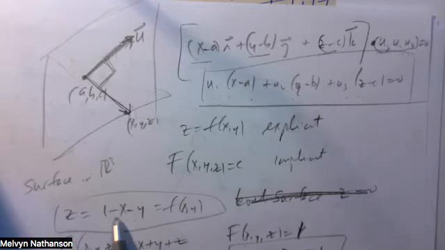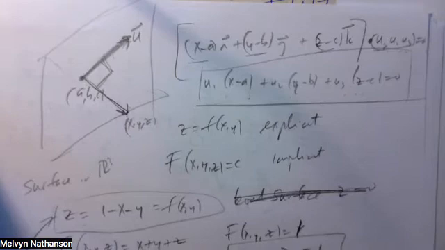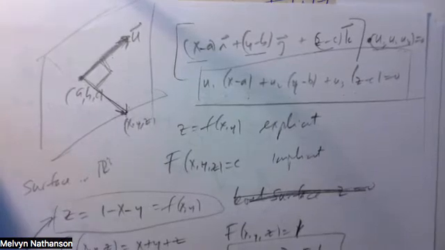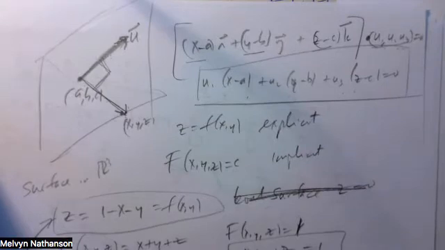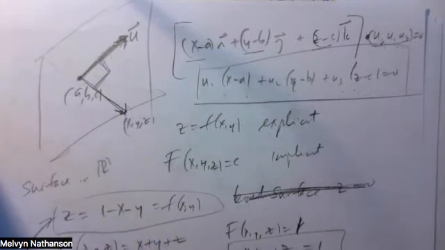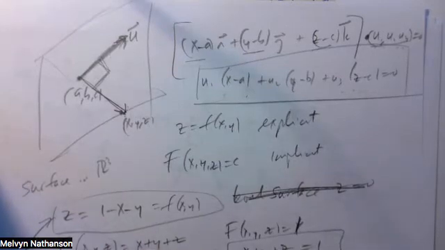So the surface defined by z equals 1 minus x minus y is x plus y plus z equals 1. This surface is exactly all the points that satisfy this equation. If you take the function capital F of x, y, z equal to x plus y plus z, this is the level surface where capital F equals 1, or x plus y plus z equals 1.